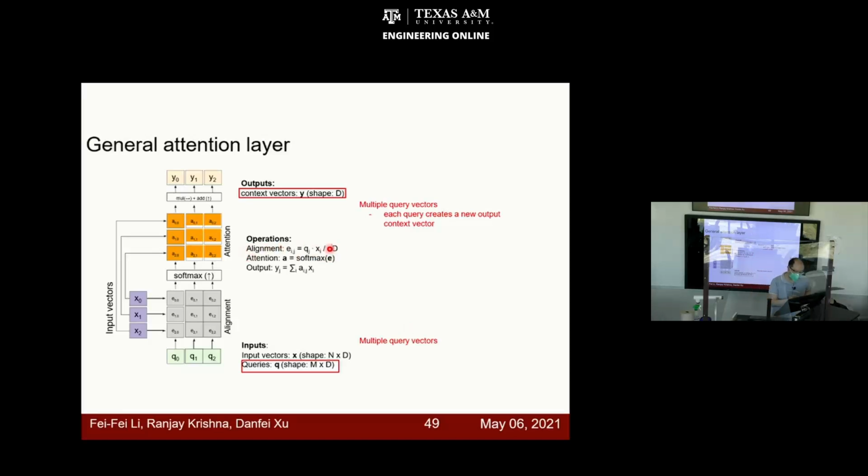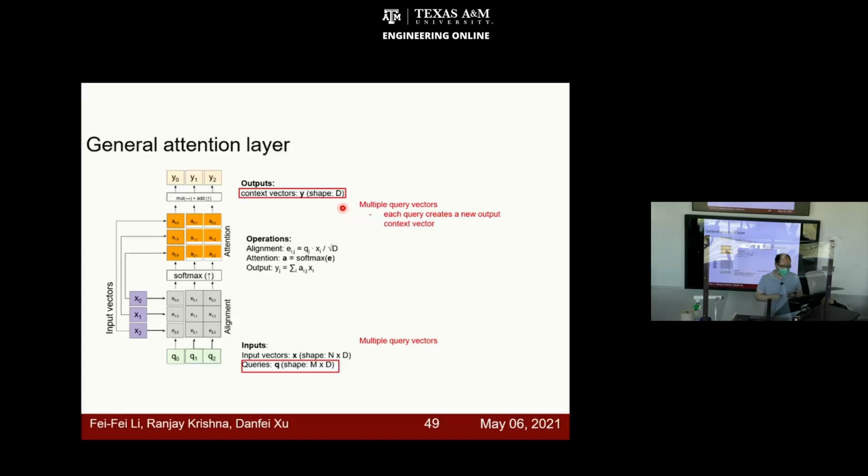Okay, that's the first change. Instead of using the MLP for the alignment, we use a parameter-free scaled dot product, okay? So the second thing is the following. We used to have a query and the corresponding output, right? Back then we were doing a single query vector at a time.